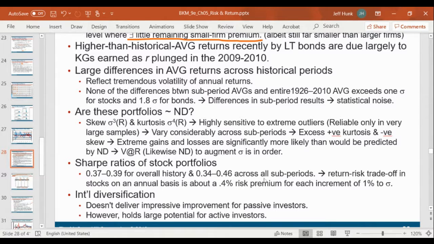So the return-risk trade-off in stocks on an annual basis is about a 0.4% risk premium for each 1% increment of standard deviation. In other words, 0.39 means what? A 0.4% risk premium for a 1% increment of standard deviation.